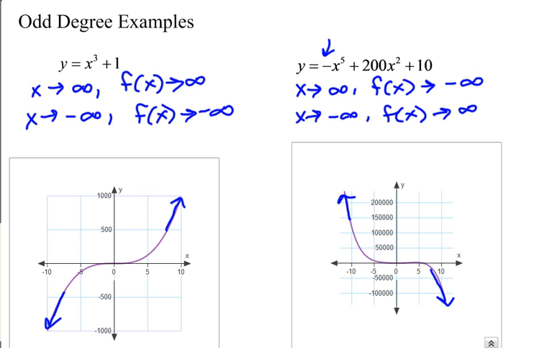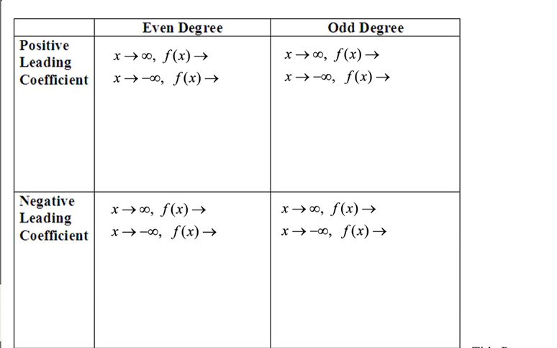All right, so on our next one, we're going to just summarize this in general because the same thing always happens in these cases for polynomials. So it's really important to realize that this is specifically for polynomial functions. So if I have a polynomial and I have a positive leading coefficient, as x goes to infinity, f of x goes to infinity, whether it's even or odd.